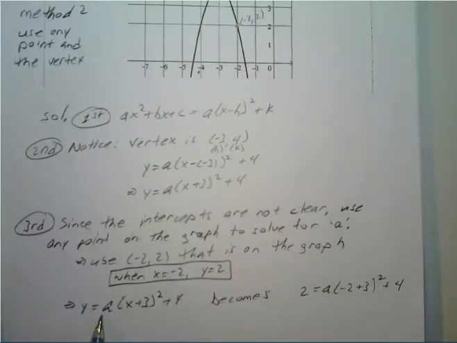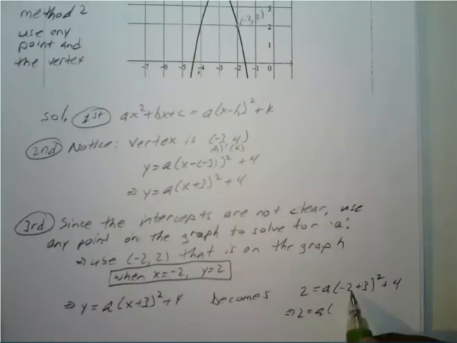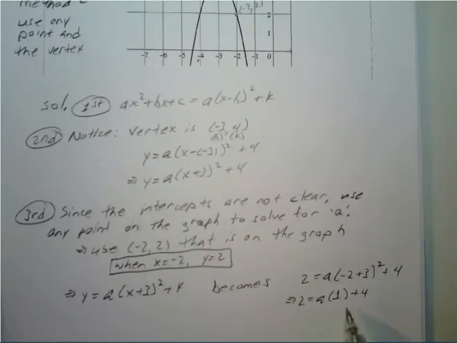All we did was replace our x and y with -2 and 2. That gives us 2 equals a times, -2 plus 3 is 1, so 1 squared is just 1, plus 4. If we subtract 4 from both sides, we get 1a equals -2, or just a equals -2.